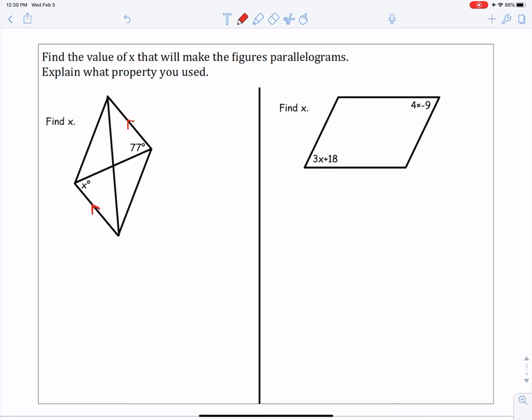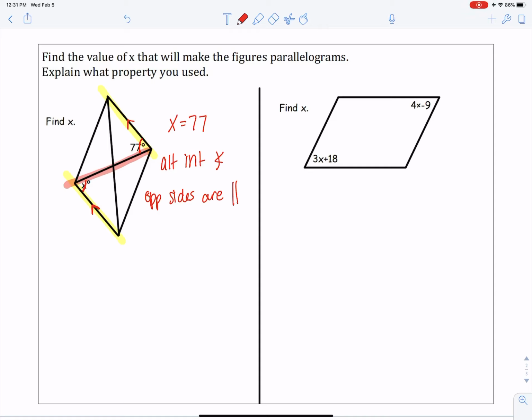So if these two sides are parallel, you have a nice transversal right here, which in that case will give us alternate interior angles. So x is equal to 77, and this is using alternate interior angles. The property from the parallelogram is that opposite sides are parallel.